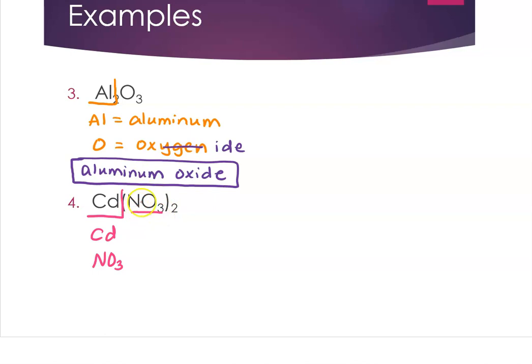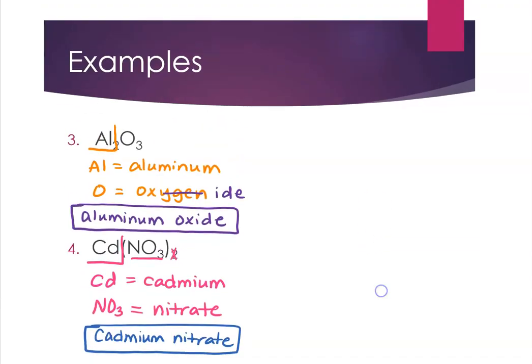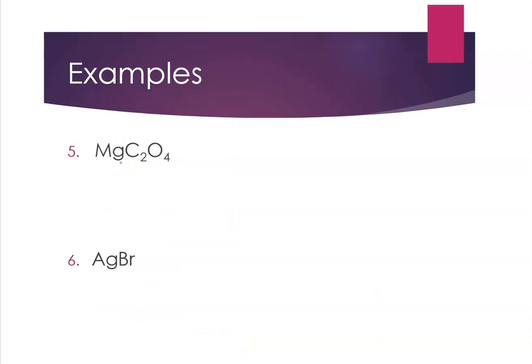Only what's in the parentheses matters, so I can just ignore that. Cd is cadmium, and NO3, if I look on my formula sheet, NO3 is nitrate. So the name of this compound is going to be cadmium nitrate. All right, easy peasy.